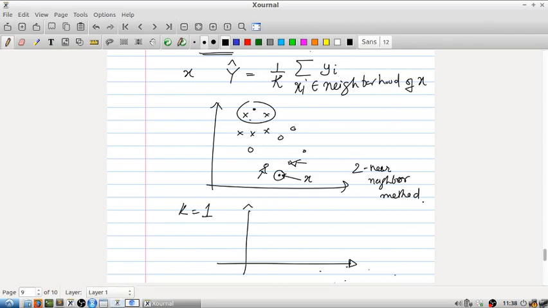It takes the 15 nearest points, gets a value, and assigns blue or orange. There the decision boundary is highly wiggly. It's not linear anymore, it's all over the place. If you take k equal to 1, you again get decision boundaries, represented as black lines. They are more irregular than the 15 neighbor method.